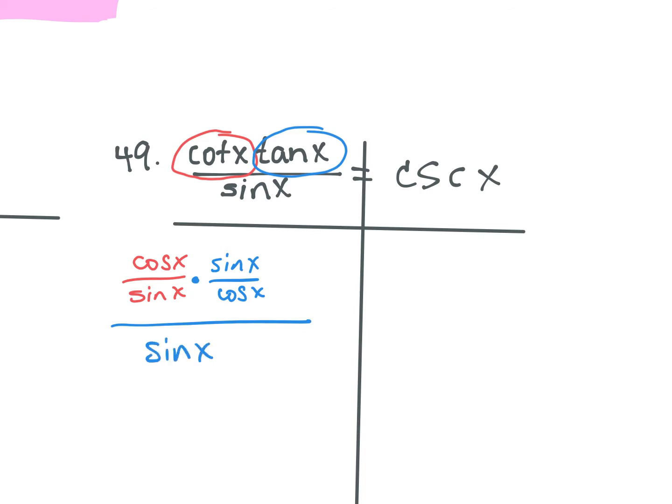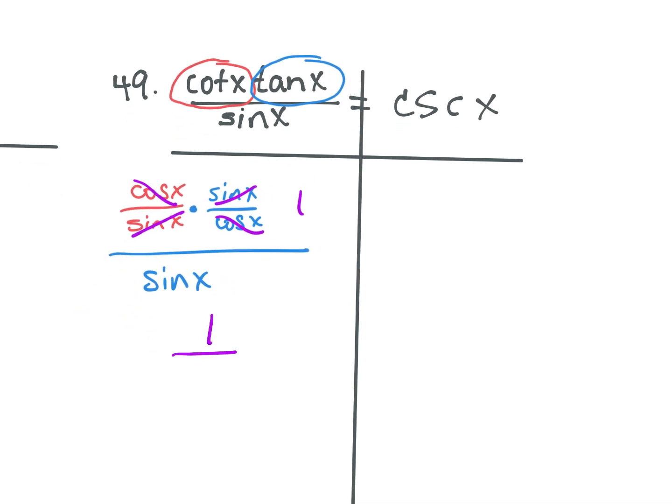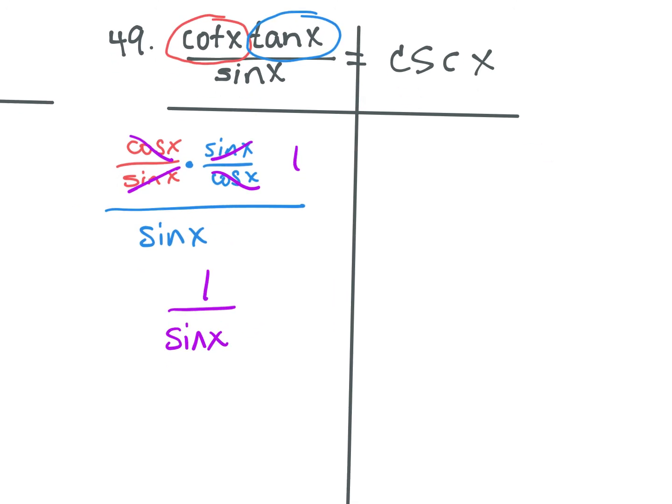Well, what do you guys notice happens here? What do I notice in the numerator with the sine, cosine, cosine, sine? Sines will cancel, and then what else? Cosines will cancel, so I'm left with 1 over the sine of x. Now, I would take two answers here. What can you simplify 1 over sine x to?